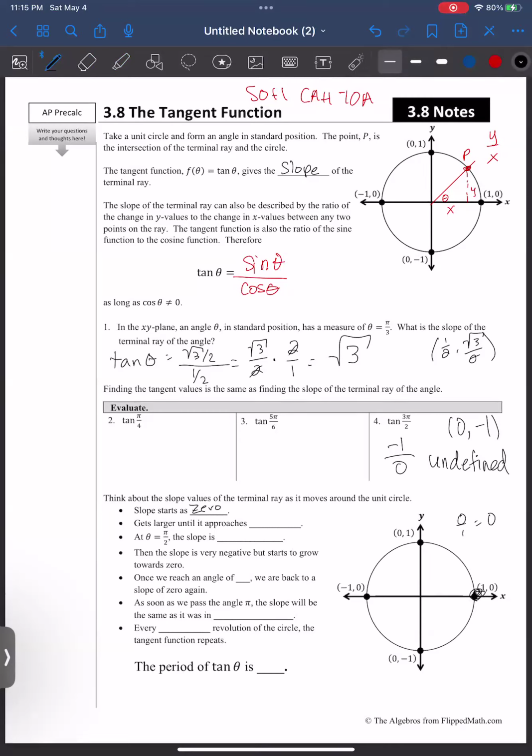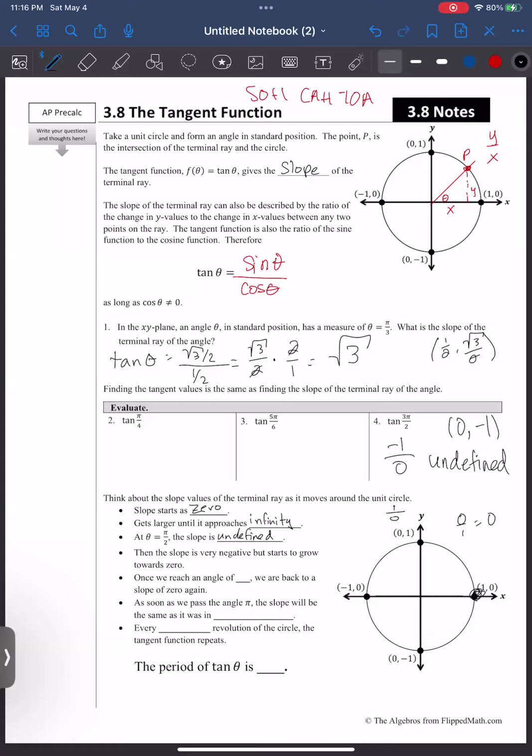It gets larger until it approaches infinity. And at pi over 2, my slope is undefined, because again, it would be 1 over 0.